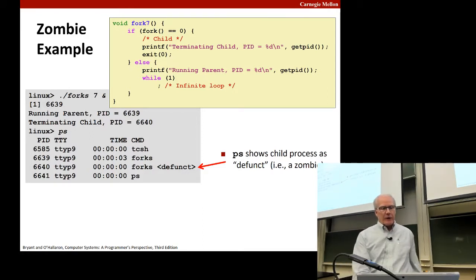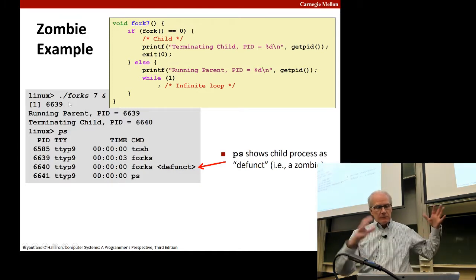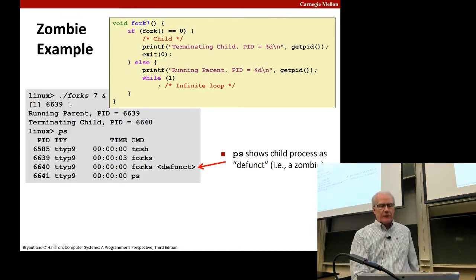And you'll notice the process IDs, that 6639 is, whenever you run a background command, the shell, the command line interface you have to the system, will print the ID of the process that was just created.